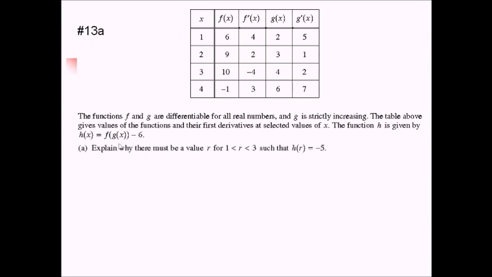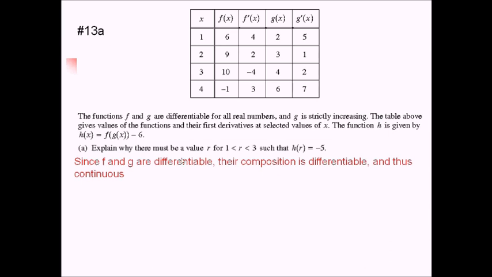Do we know that this is continuous? We do. How do we know that? Well, they told us f and g are differentiable, which includes continuity, and we're just doing a composition of these and subtracting 6, which isn't going to affect anything anyway. So because f and g are differentiable, their composition has to be differentiable, and that means their composition, h, has to also be continuous.